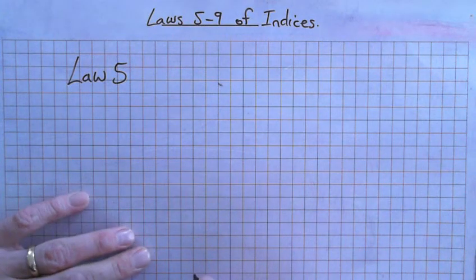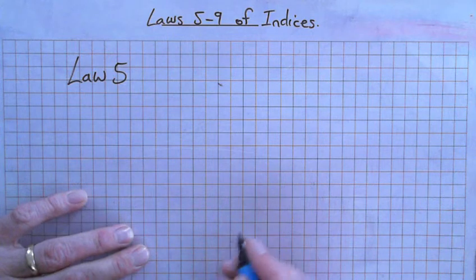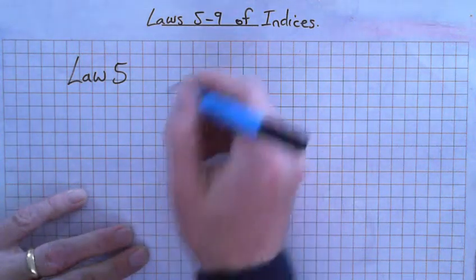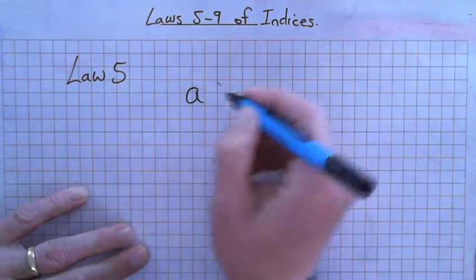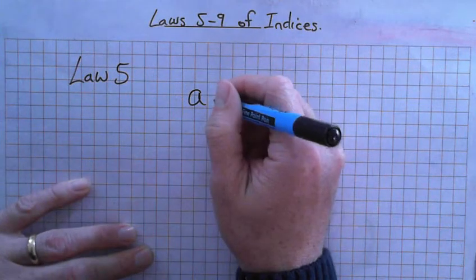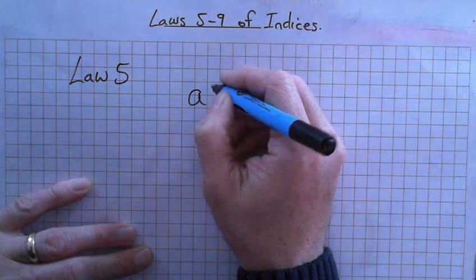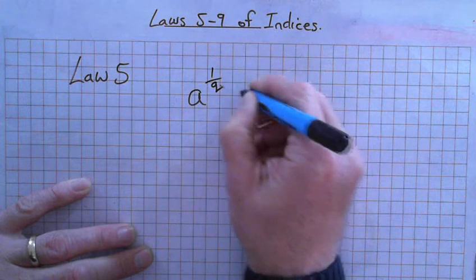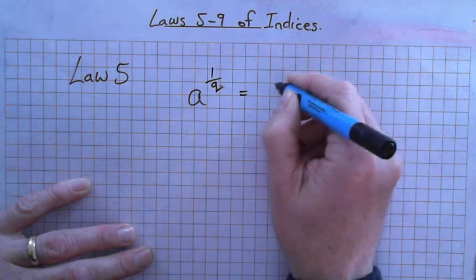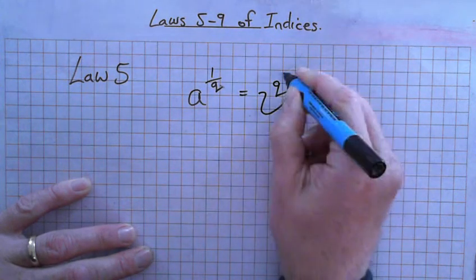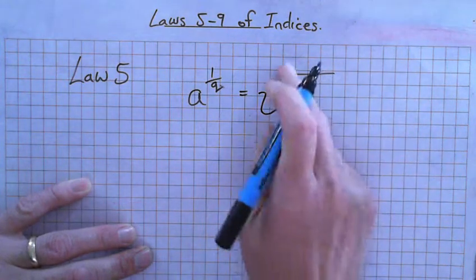Right, so law number 5. Let's say it's a to the power of, I'll just write it out as it is. It's not a great square root sign.